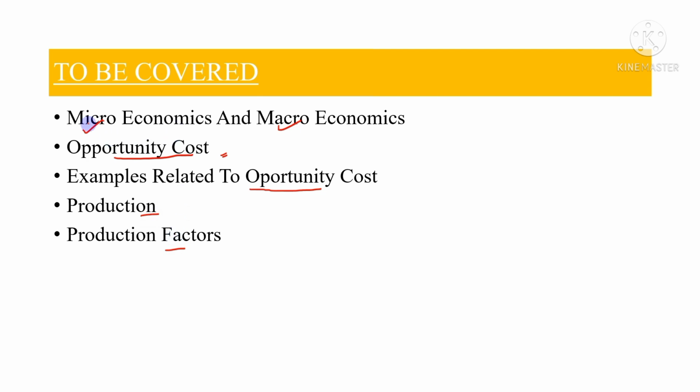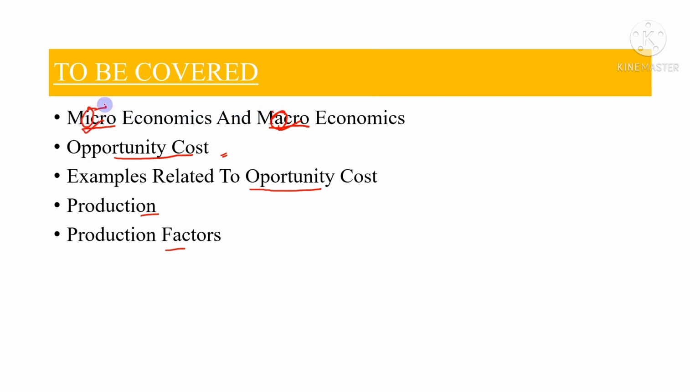So what is microeconomics? Microeconomics is the economics that deals with the study of economics in individual affairs, and macroeconomics deals with the study of economics in aggregate of individual affairs. You can get confused between micro and macroeconomics, so just concentrate on this I and this A over here.